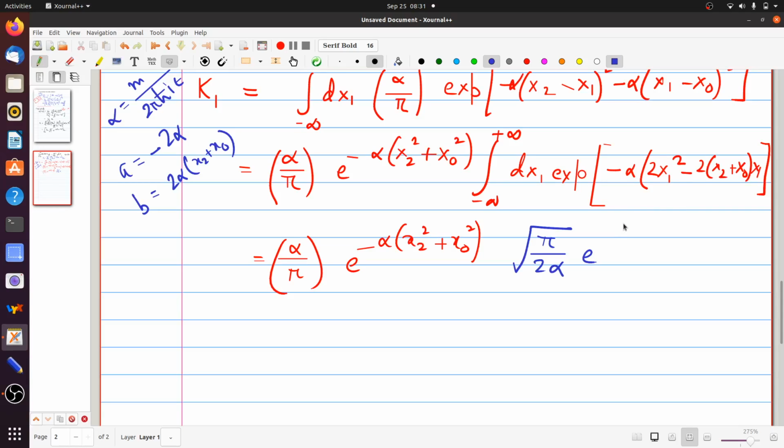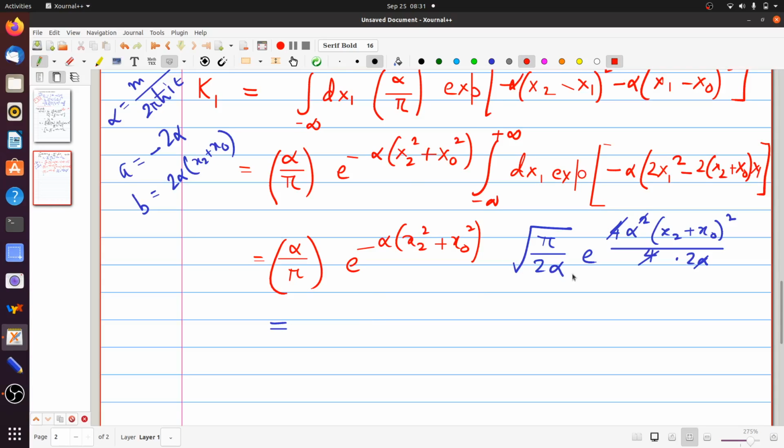So b square is 4 alpha square (x2 plus x0) whole square, and then you divide it by 4 times a, that's 2 alpha. So the 4's of course cancel each other out, the alpha cancels one factor here, and now you have this final result.